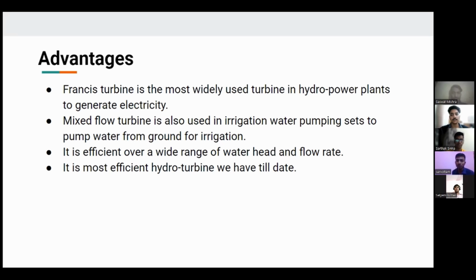The next advantage is that the difference in the operating head can be more simply controlled in the Francis turbine than in the Pelton wheel turbine, and the runner size of the Francis turbine is small, and changes in head are easily controlled within the Francis turbine. Now next slide.